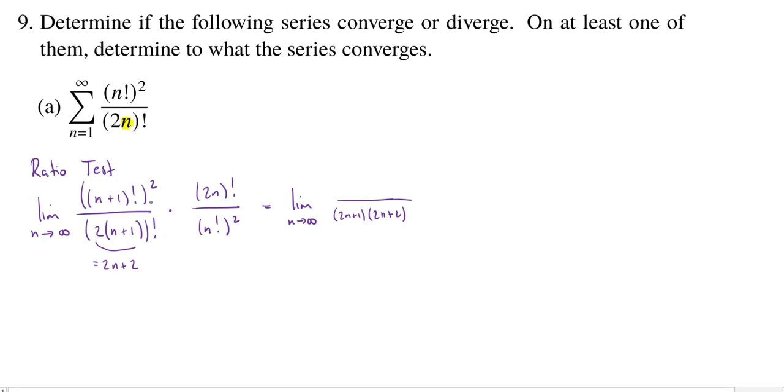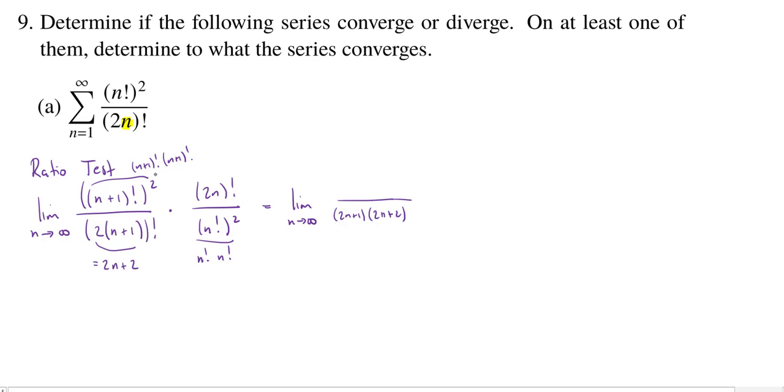Okay, how about these n factorial squared and n plus 1 factorial squared? So I can think of n factorial squared as n factorial times n factorial. And similarly, I can think of n plus 1 factorial squared as n plus 1 factorial times n plus 1 factorial.